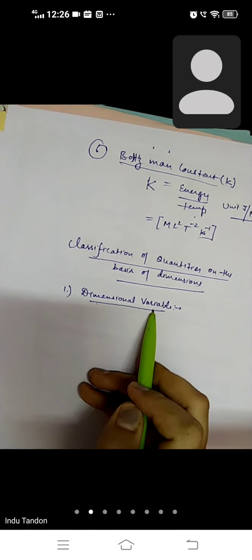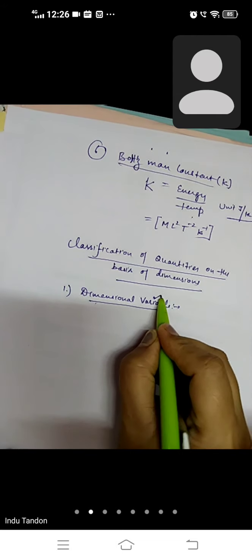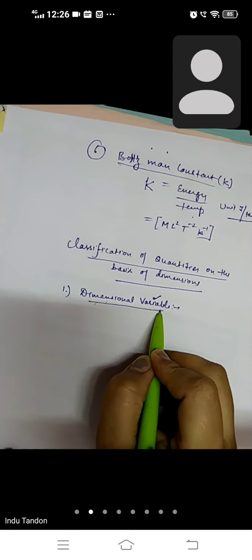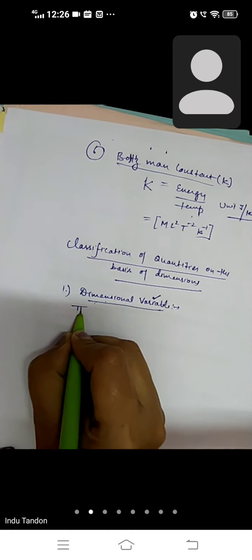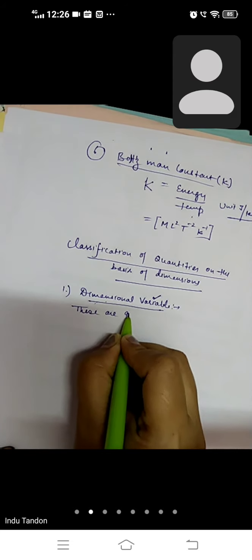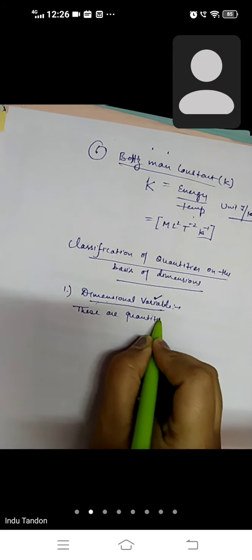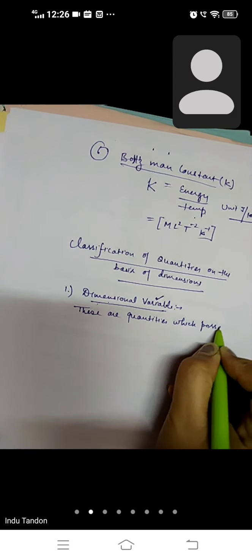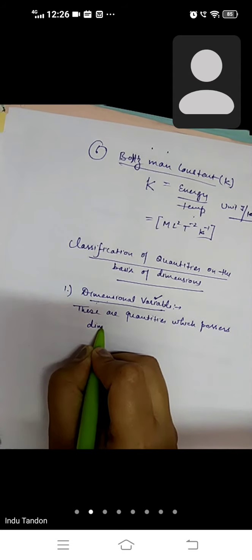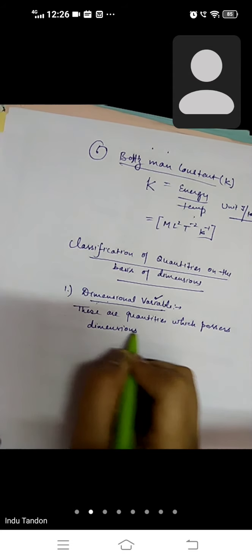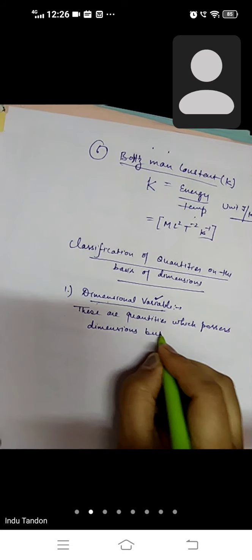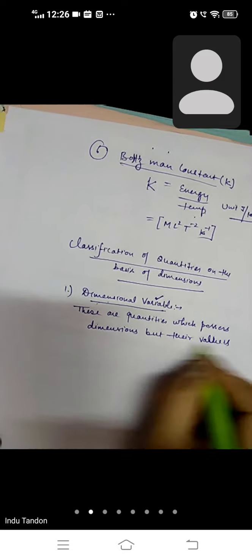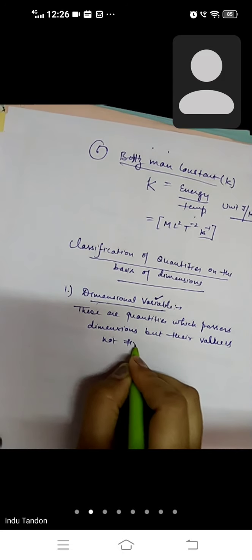So these are those quantities. Variable means those whose value changes. These are the quantities which possess dimensions but their value is not fixed. You can write these are the quantities which possess dimensions but their value is not fixed.